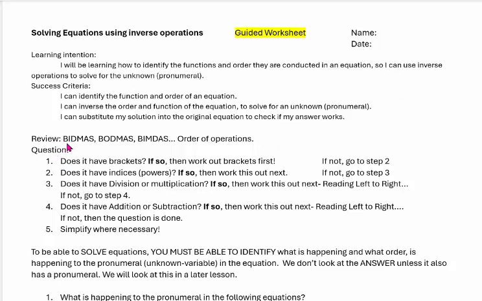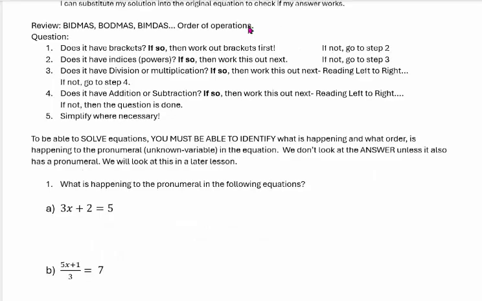It depends on your teacher, and I change all the time, because some primary schools use BIDMAS, which is brackets, indices, division, multiplication, addition and subtraction, or BODMAS, which is brackets, order, division, multiplication, addition and subtraction, or BIMDAS, same deal: brackets, indices, multiplication or division, and then addition and subtraction. I'm just going to quickly go over this to make sure that you can remember how to use it.